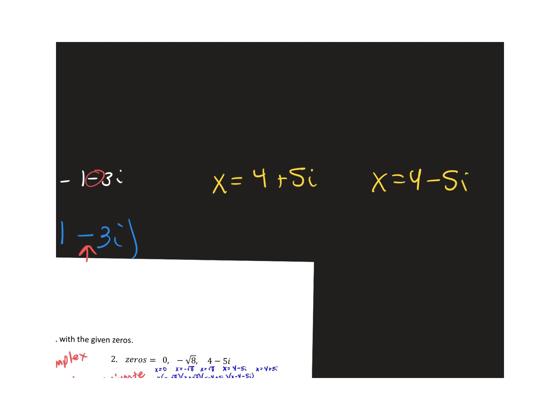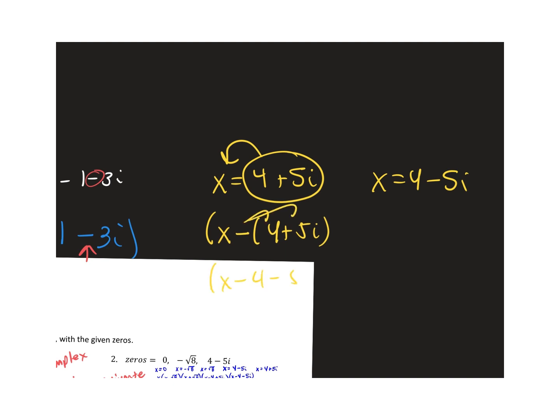Minus 5i. So guys, this is a positive root. When you move it over, what does it become? So when you do that, you're saying x minus 4 plus 5i. So what happens with this negative? So x minus 4 minus 5i. When you bring this one over, this becomes x minus 4 plus 5i, because you're distributing the negative.